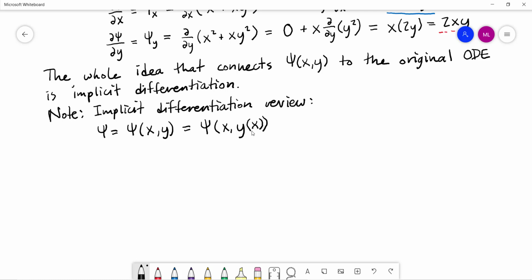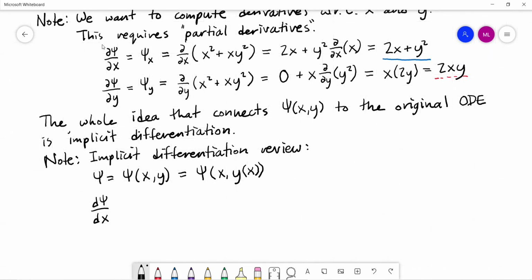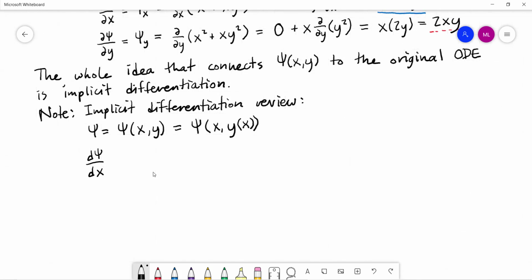So ultimately, at its very base, the ultimate dependence of psi is on x, even in the way that it depends on y. What this means is if I want to take a full derivative, and notice I'm back to using regular d's, if I want to take d psi dx, which is distinct from the little rounded d version of d psi dx, which is the partial derivative, this is going to be the full derivative.